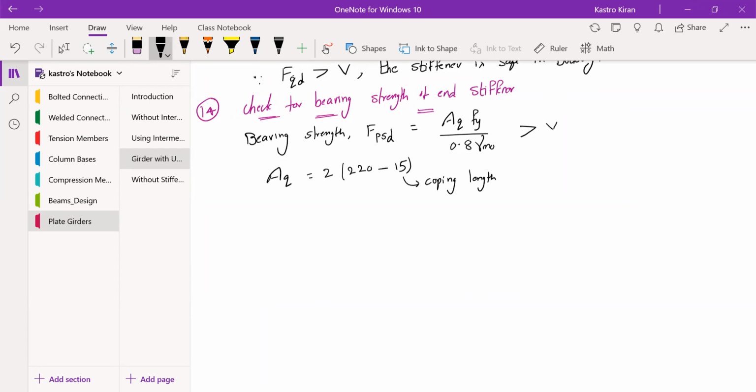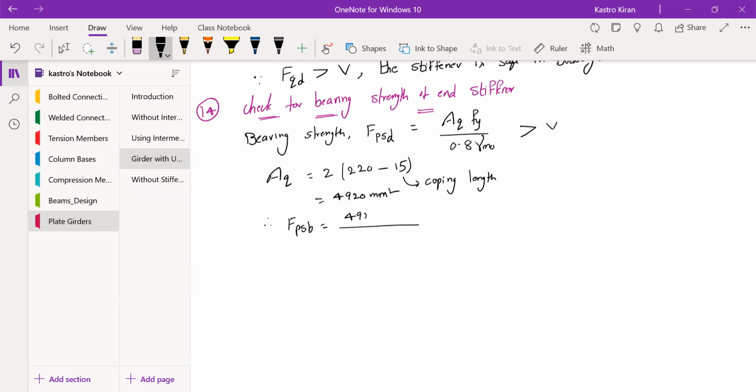You have to assume the coping length as 15 mm only. Don't assume any other value. So this will give you 4920 mm square.